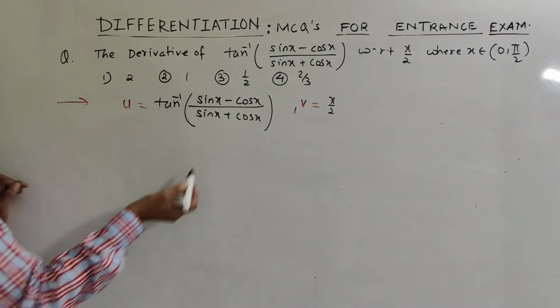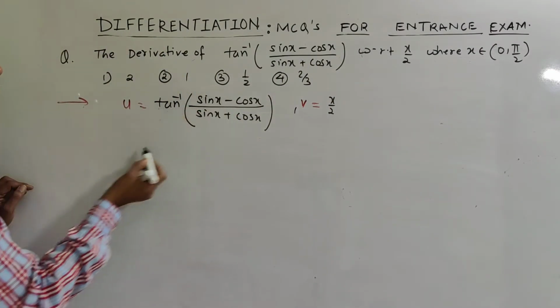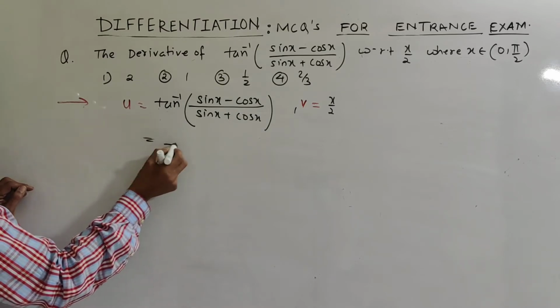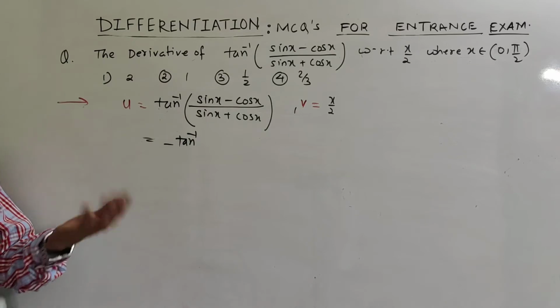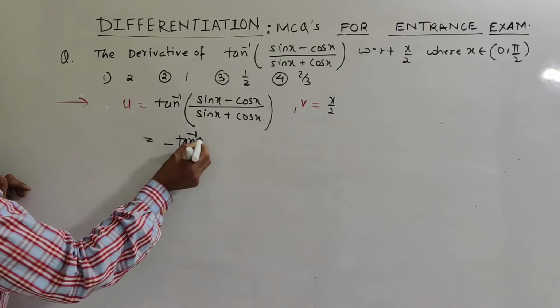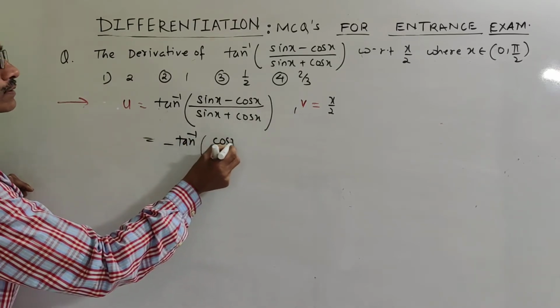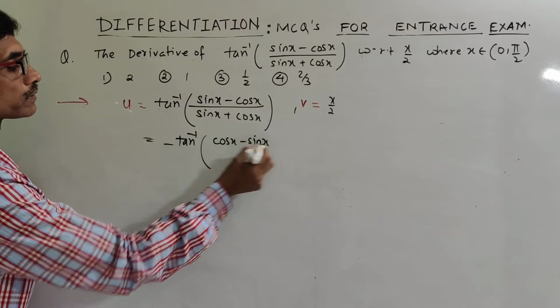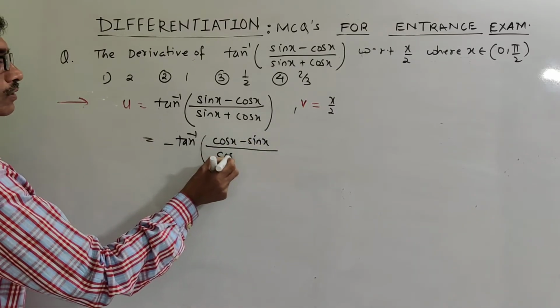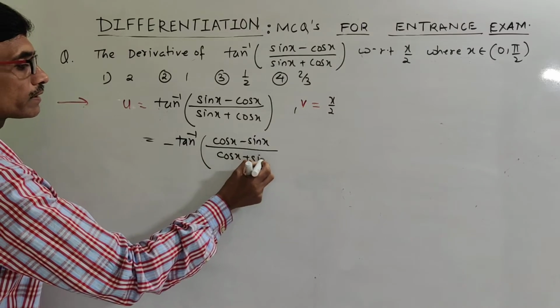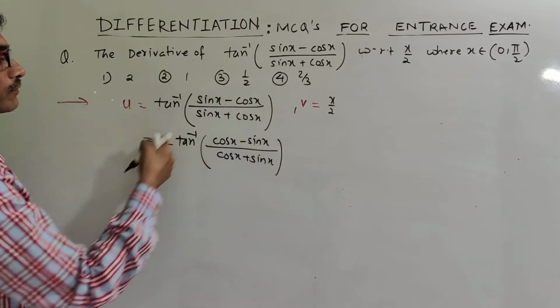For this we take the minus sign common from here. This becomes minus of tan inverse. Tan inverse of minus theta is minus tan inverse theta. So it is cos x minus sin x upon sin x plus cos x, or cos x plus sin x we can write here. From the numerator we take the minus sign.